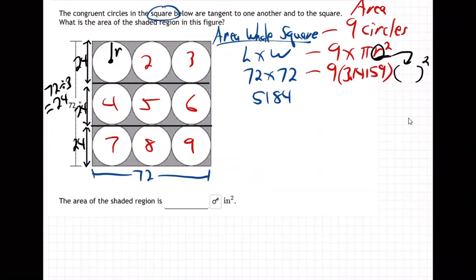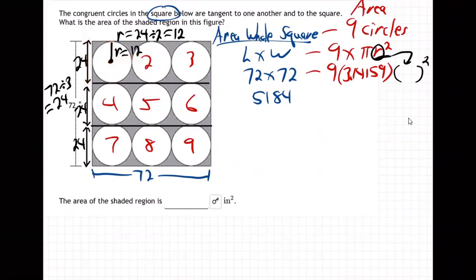Does that make sense? 24, 24, 24. And then the radius is only half of that, isn't it? The r is going to be 24 divided by 2, which is 12. Because 24 is all the way across the circle, and the radius is just half of that.